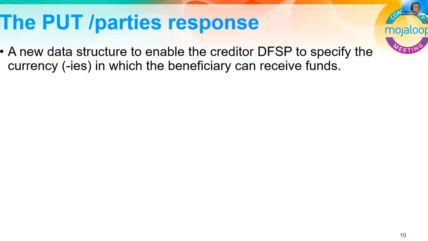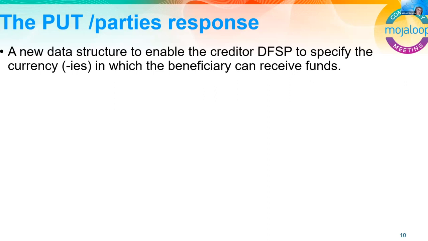In the put parties response, we produce a new data structure which enables the creditor DFSP to specify which currency or currencies the beneficiary can receive funds. So this enables the debtor DFSP to understand whether this is a transfer which requires currency conversion or not.